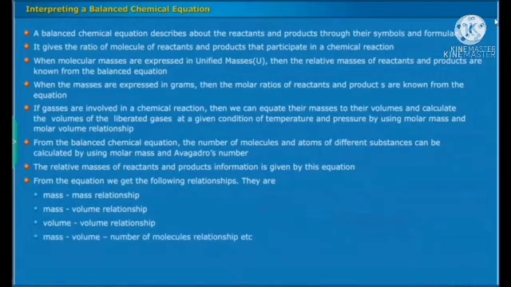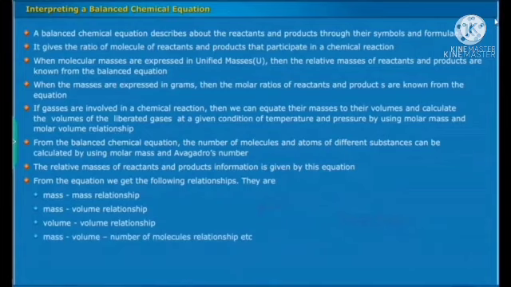They are the mass relationship. For example, ferric oxide reacts with aluminum to give aluminum oxide and iron; how much quantity of each we can take is the mass relationship.